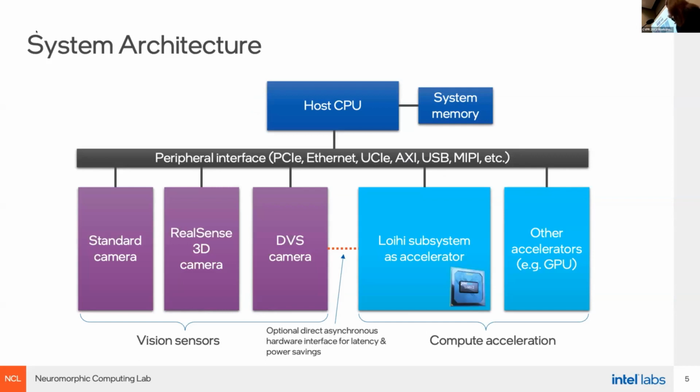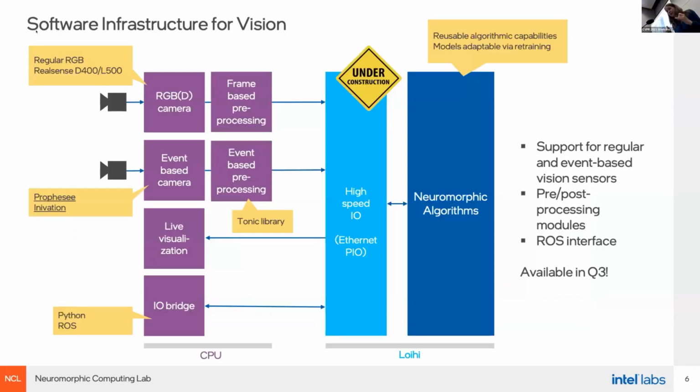A DVS camera will additionally have a direct asynchronous hardware interface to the Loihi accelerator for low latency applications. You can also have other accelerators in the overall system. We are currently working on an example application that puts together an RGBD camera and an event-based camera. We're developing software to do pre-processing of both the event stream and the RGBD stream on the host computer.